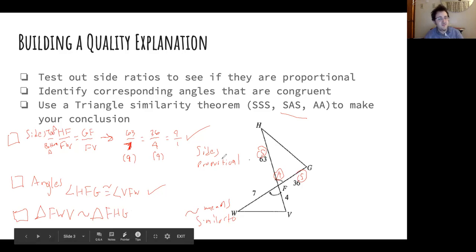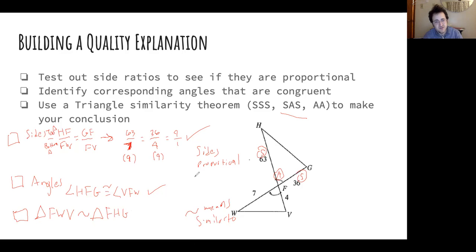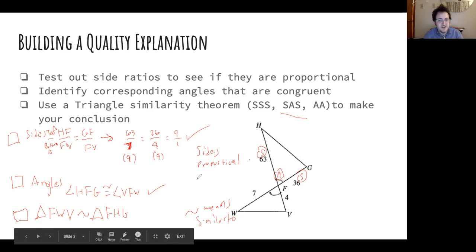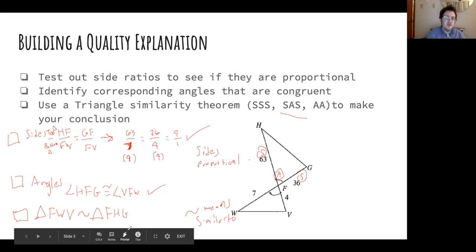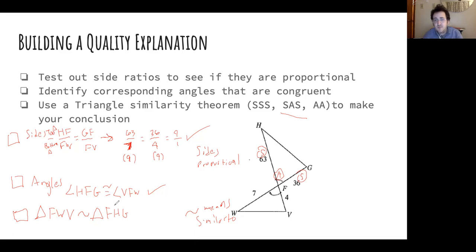So by looking at the side ratios and seeing that they're the same, naming the congruent angle in the proper order, and then stating the proper theorem, we create a proof-level type of response. If you had this type of response on your homework or on the upcoming mastery, you have a really good, well-reasoned response.